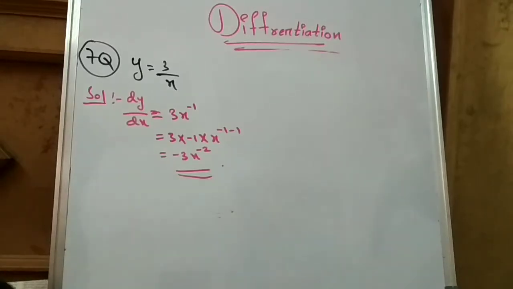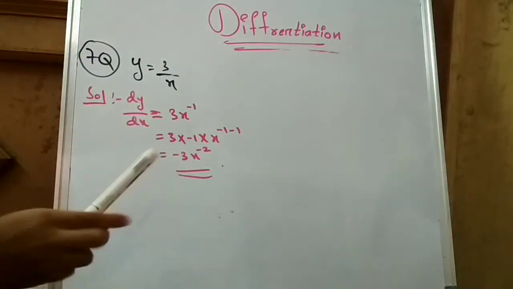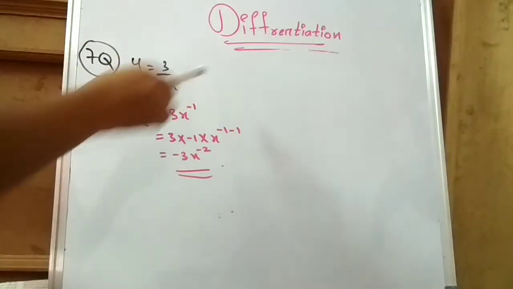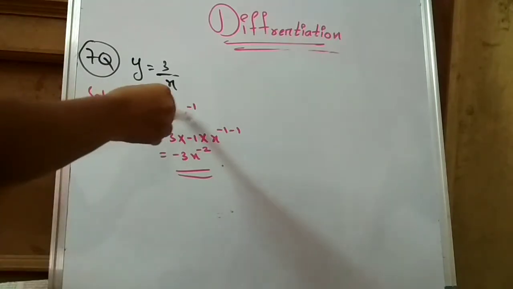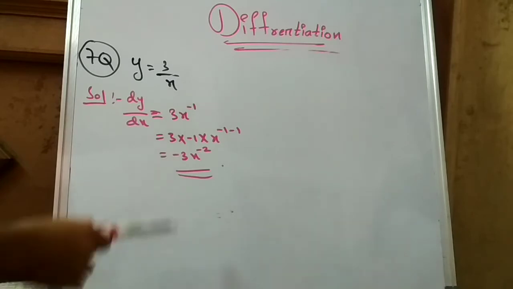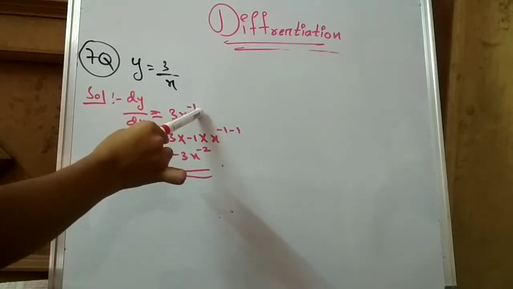Now let's move to our 7th question, which is y is equals to 3 by x. So dy by dx. Now we need to bring this x up, so it will be easier for us. When you bring x up, it will become a minus value. So 3x to the power of minus 1. That will be equal to 3, just keep 3 as it is, into, now you need to bring minus 1 down.